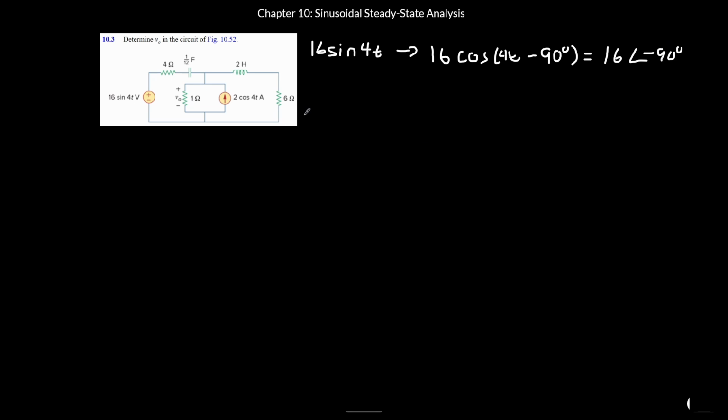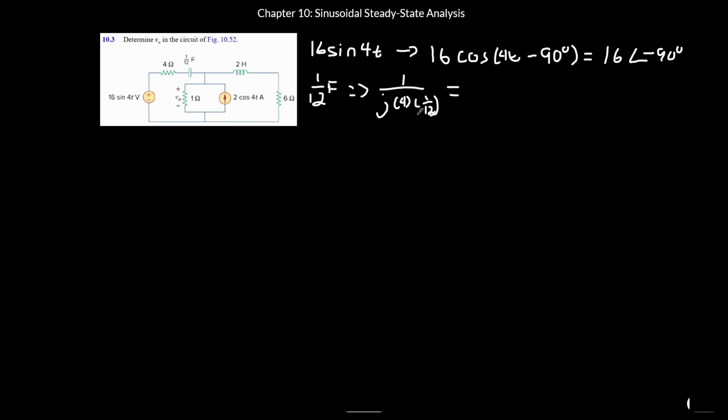Our next steps will simply be turning the capacitor and inductor into impedance variables. Let's start with the capacitor. 1 over 12 farads transforms into 1 over j omega, which in this case is 4, times 1 over 12.